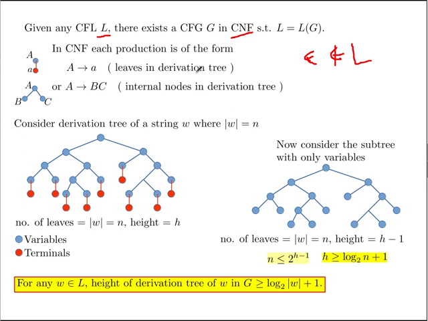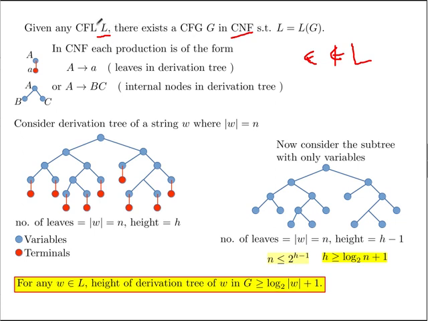So that doesn't pose any problem, because when we are trying to prove that some L is not a CFL, we can consider this L minus epsilon. So that will be epsilon free, and if we can show that that thing is not a CFL, then adding an epsilon to that will not make it a CFL.